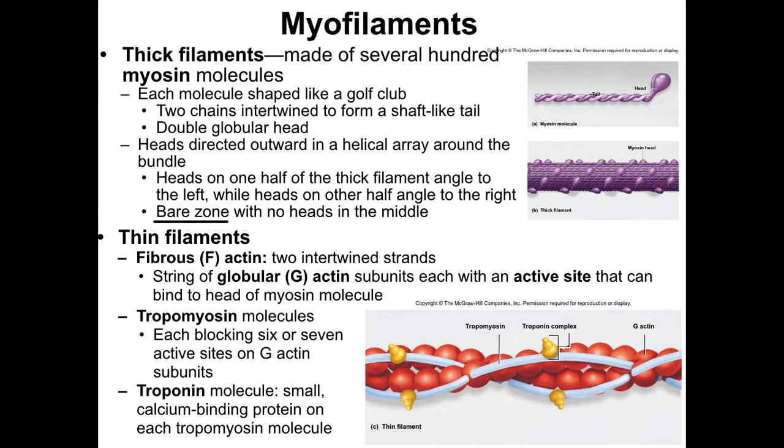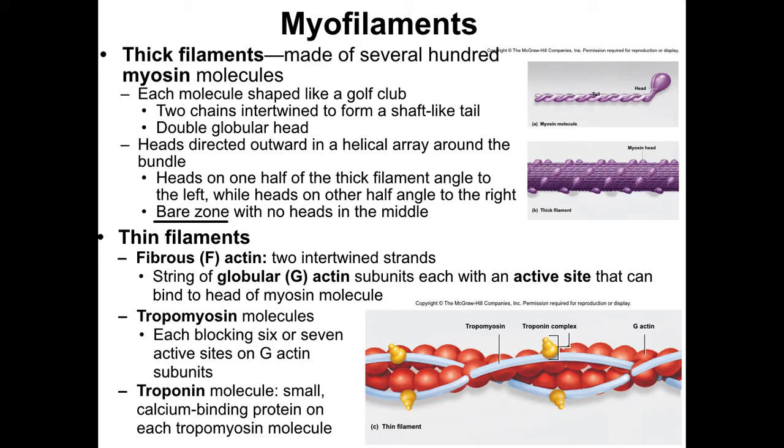Actin subunits each have an active site that can bind to myosin. They're like little handholds that myosin can grab hold of. And that's what myosin is going to do.